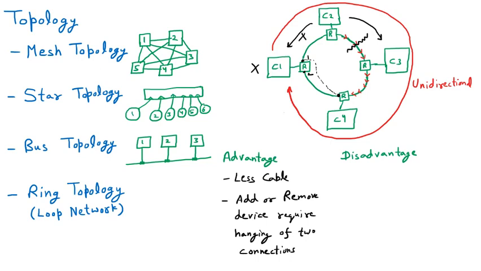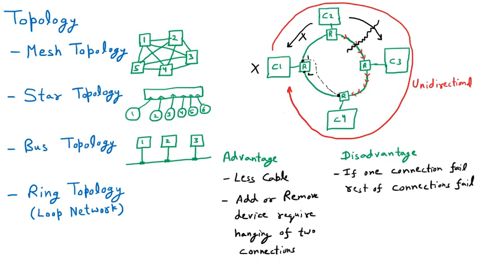So if it comes here and the connection is broken, data will not pass. So we can say that if one connection fails, the rest of the connections fail. If you fail one connection, all the connections will not work. So that is a disadvantage.